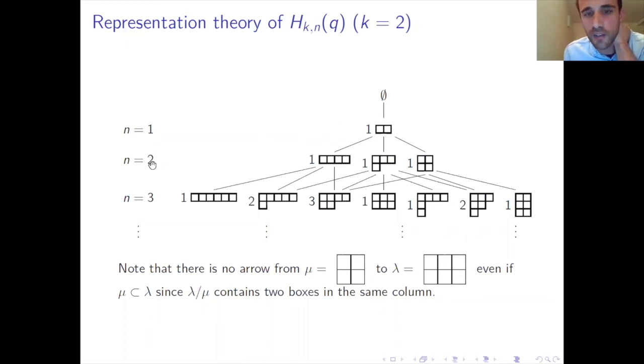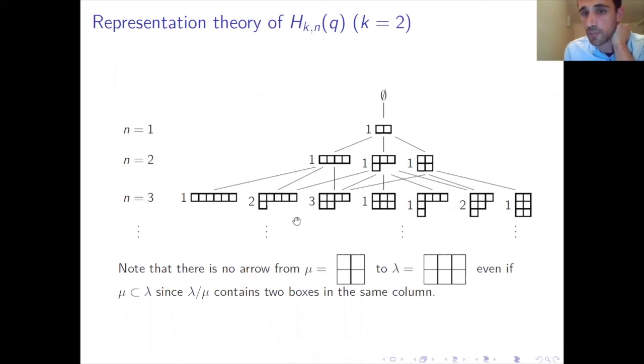At each level, you have partitions of 2 times n: partitions of 2, partitions of 4. And from one level to the other, they are obtained by adding 2 boxes. So from this, you add 2 boxes, you get this, this, or this. And again, from this, you add 2 boxes, you get this one, and this one.